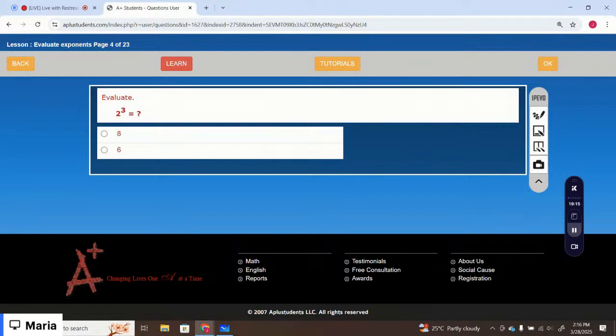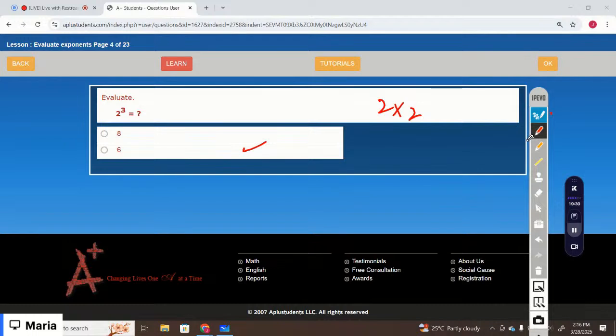Two cubed. So two cubed means you have to multiply two how many times? That is 2 times 2 times 2.